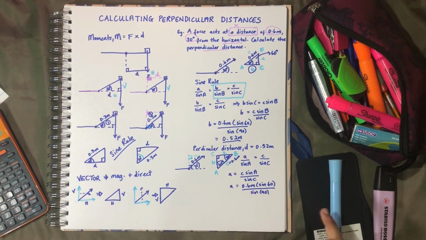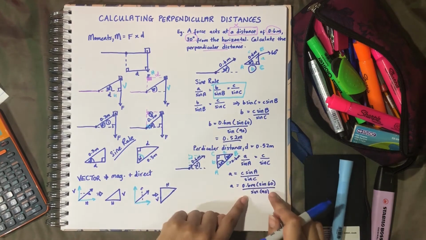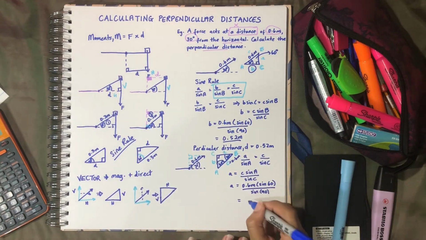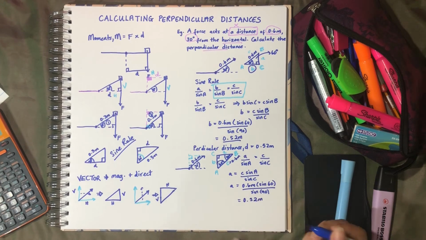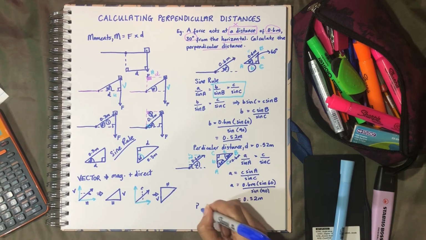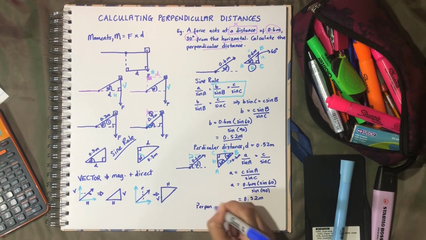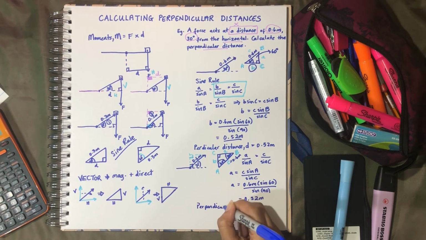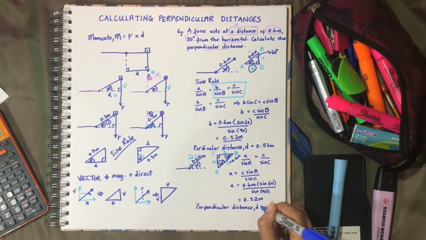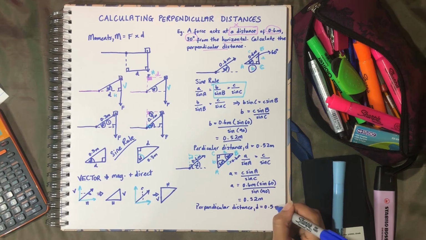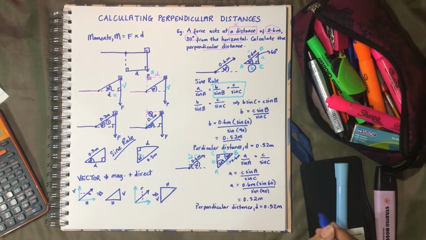Now we realize we get the same formula, so the answer would therefore be the same. So we're seeing that you can use two different ways to find the perpendicular distance, and both would be correct. So this one would also give the perpendicular distance in answering the question as 0.52 meters.